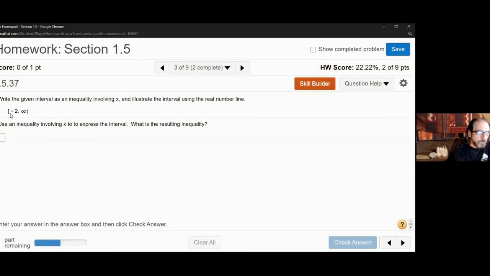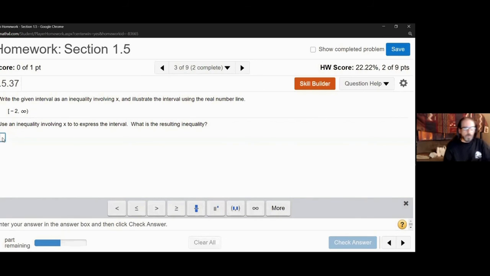On this question, we're already given interval notation, and there is a finite number for the left-hand endpoint, but then it's going to keep on going to the right. When you write an interval notation, it's always left to right, least to greatest.